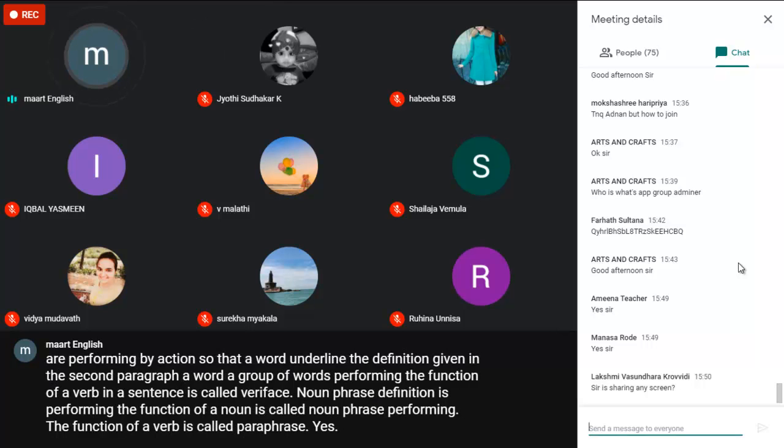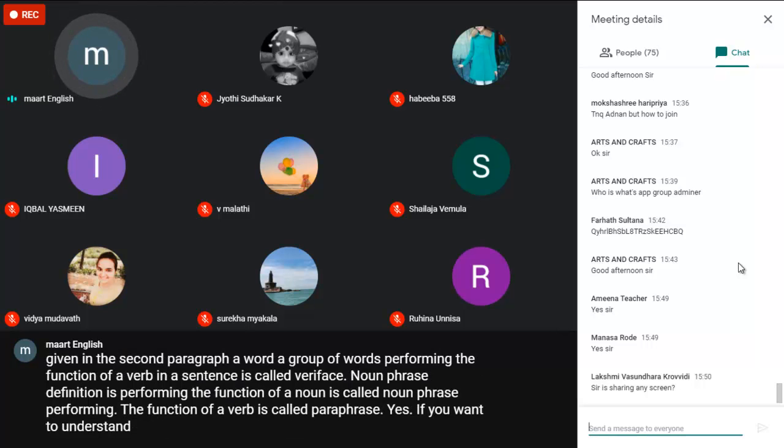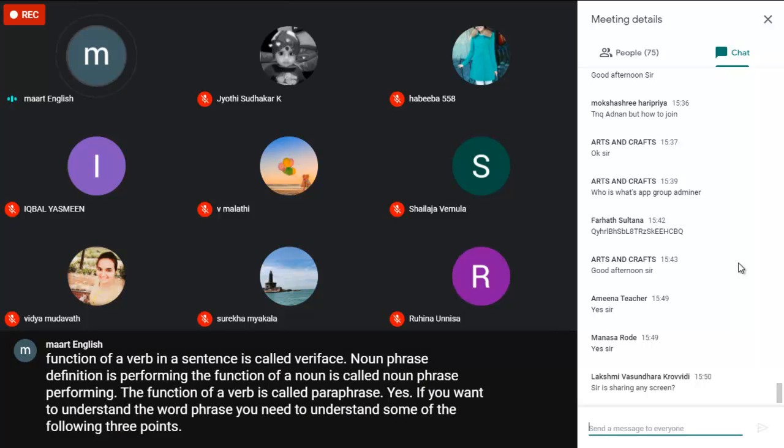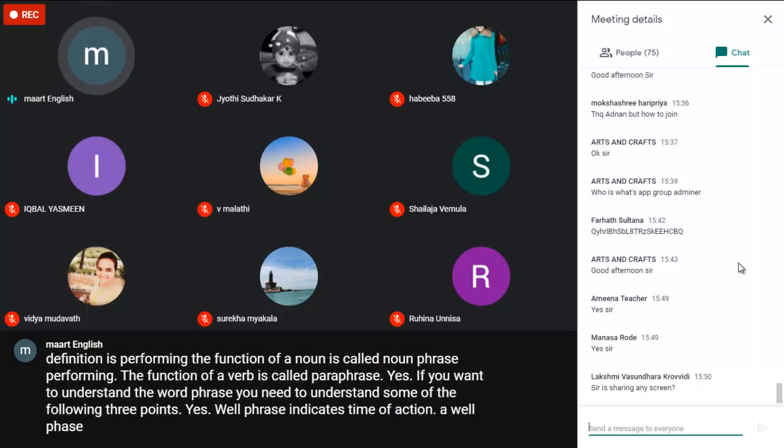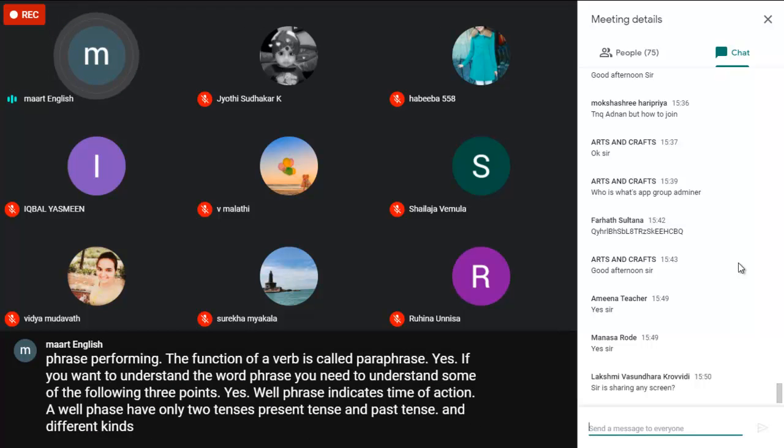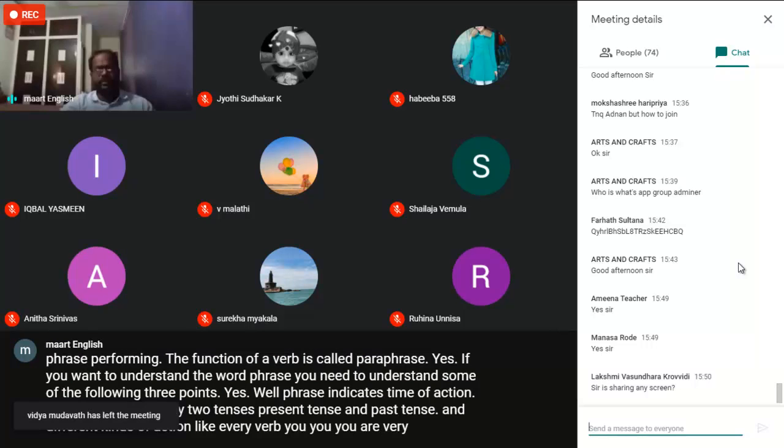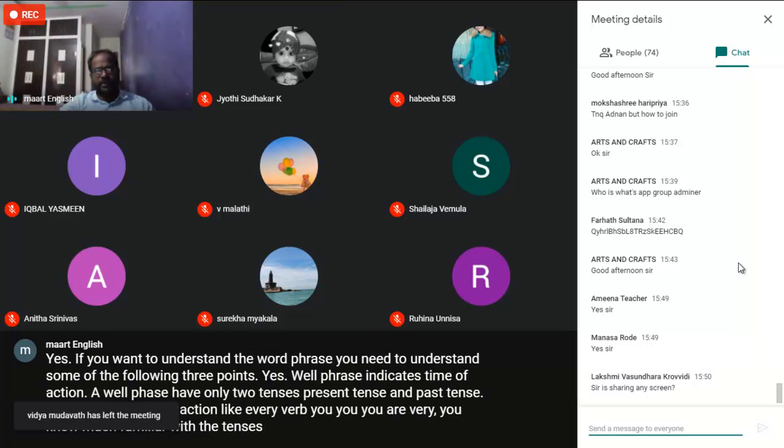If you want to understand the verb phrase, you need to understand the following 3 points. Verb phrase indicates time of action. A verb phrase has only two tenses, present tense and past tense, and different kinds of action, like every verb. You are much familiar with the tenses in English grammar.